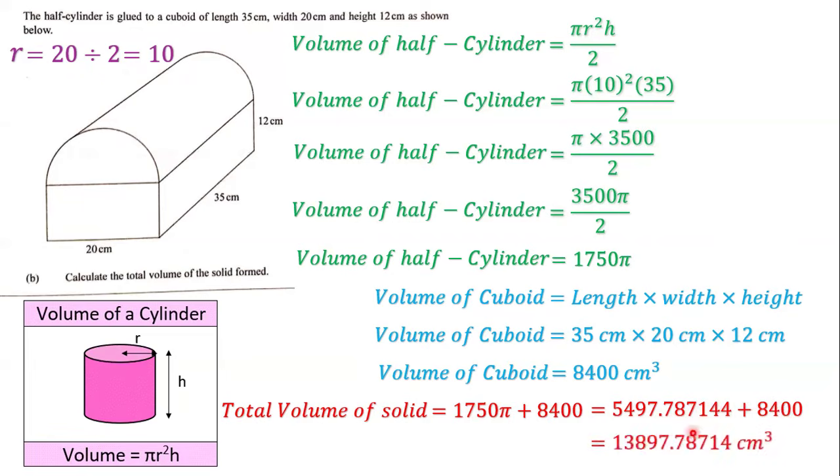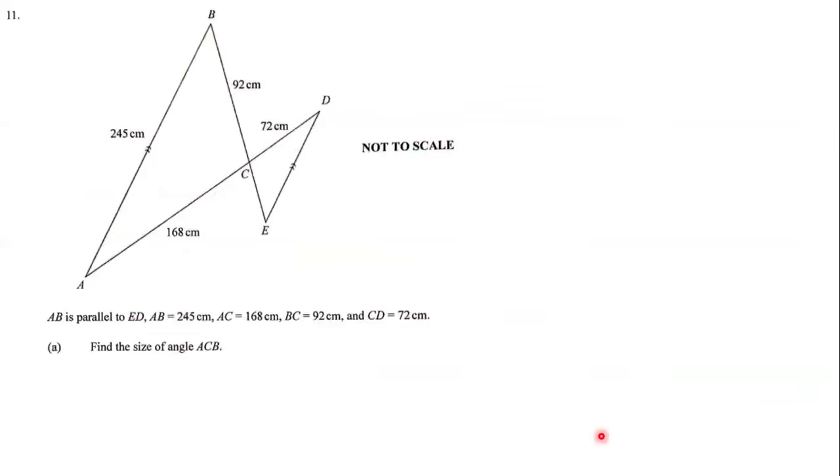When we add them together, we get 13,897.78714 centimeters cubed. So the total volume of the solid is 13,897.78714 centimeters cubed.